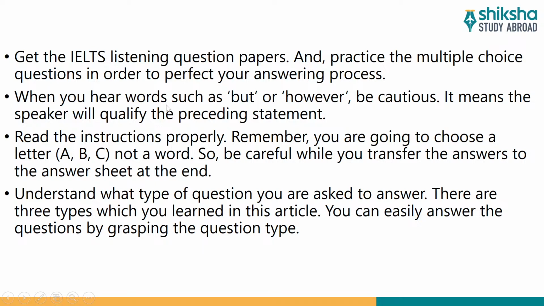Now, when you hear words such as but or however, be cautious. It means that the speaker will qualify the preceding statement. So read the instructions properly and remember that you're going to choose a letter, that is A, B or C, not a word. Be careful while you transfer the answers to the answer sheet from your question paper.